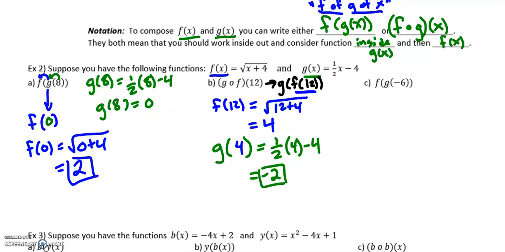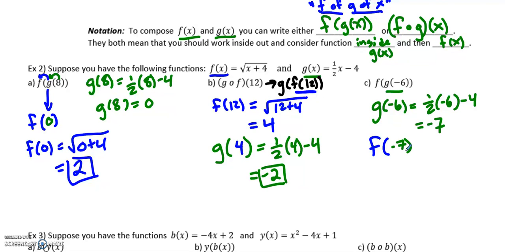Example C really quickly. I'm going to work inside first, g of -6. So g of -6 is going to be 1/2 times -6 minus 4, which is looking like -3 minus 4, which is -7. So now I take that, plug it into f. So I have f of that -7.